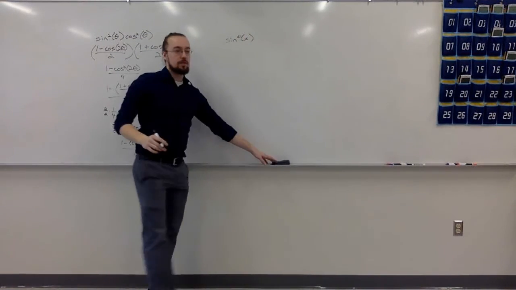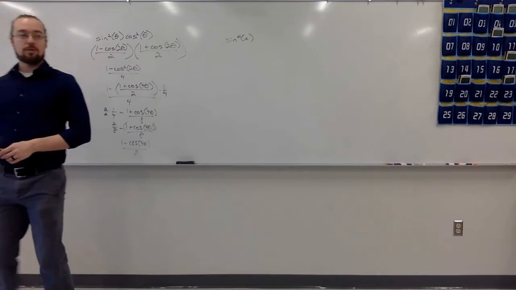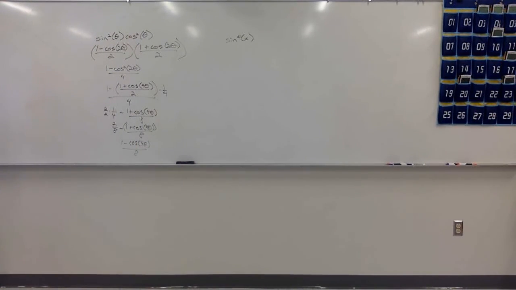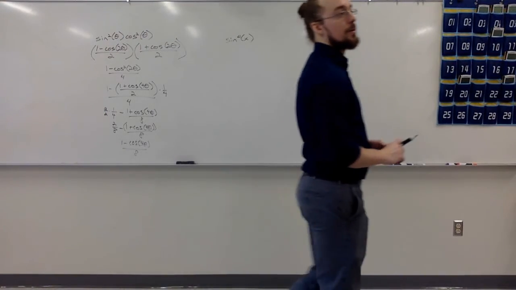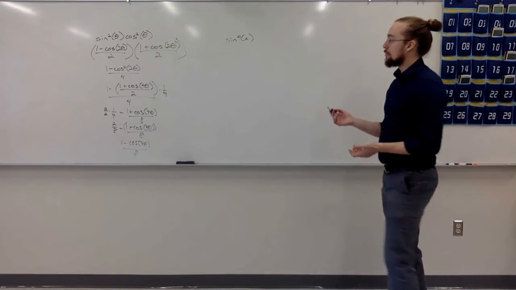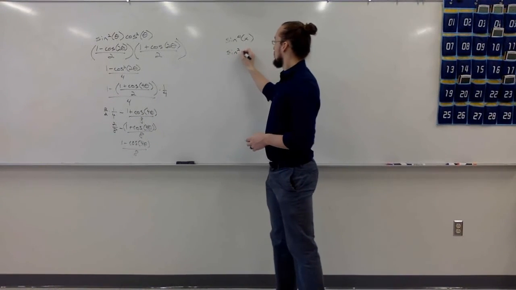So we did cosine to the 4th. How about sine to the 4th? Well, the first thing that we did when we did cosine, we wrote this as cosine squared squared.